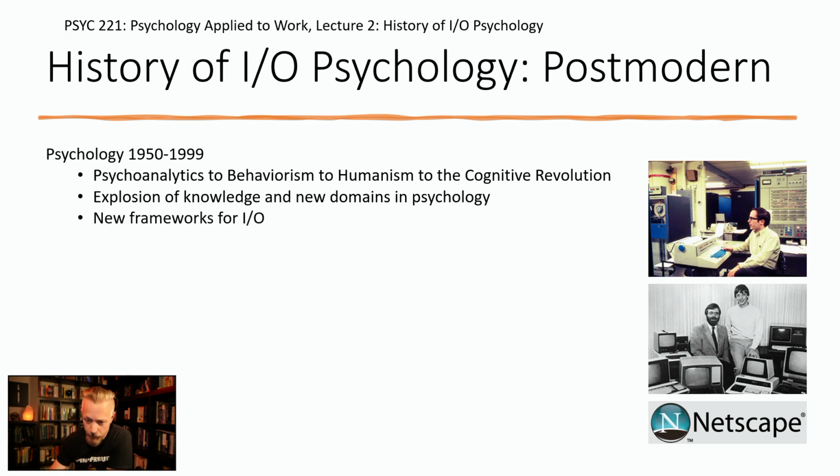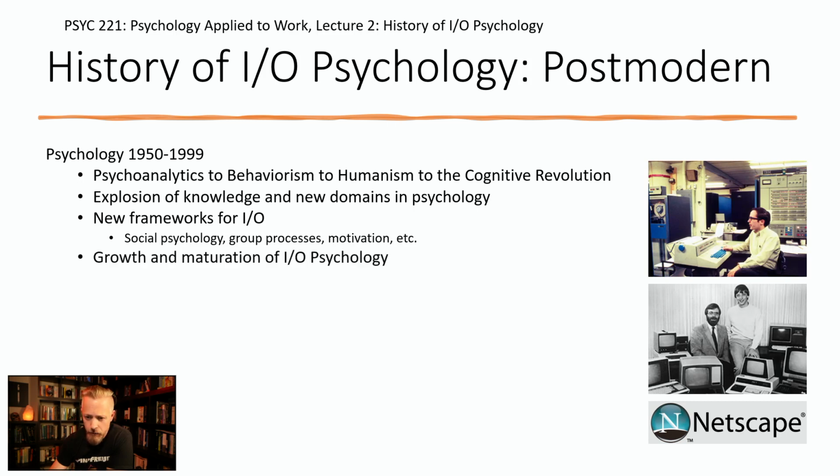So you got new theoretical frameworks, new applied practices within IO psychology. Looking at group processes more, looking at motivation, looking at social interactions more. So overall, it was a growth, a maturation of the field.